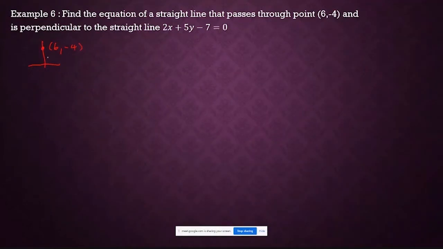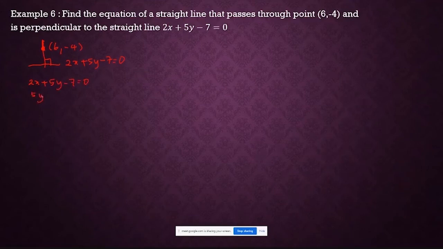We want to find the equation of this line, which is perpendicular, at 90 degrees, to the line 2x + 5y - 7 = 0. For the second line, the equation is 2x + 5y - 7 = 0, so we can get the information about its gradient.